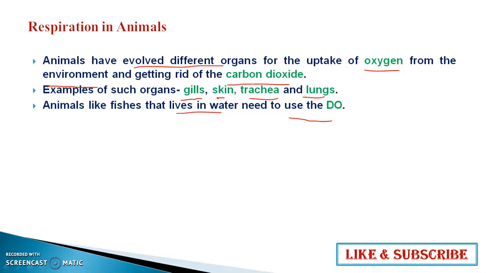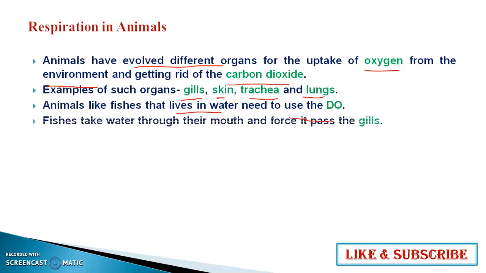So fishes basically use this dissolved oxygen, and the oxygen present in the water is taken up by the blood. The fishes, through the mouth, force the water to pass into the gills, right?